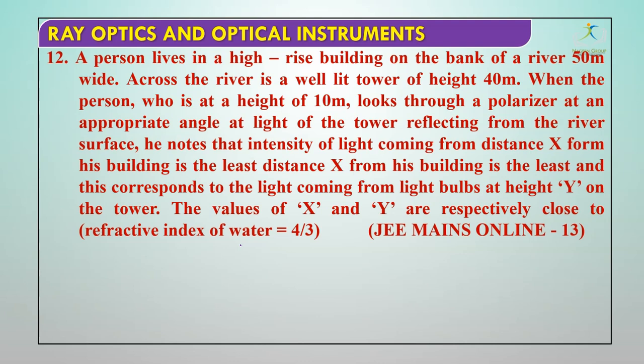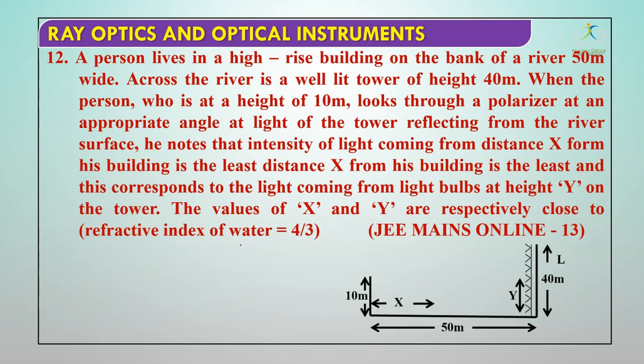The values of x and y we have to calculate. The refractive index of water is given as 4 by 3, students. This is an important question for the JEE Main examination that came in 2013.